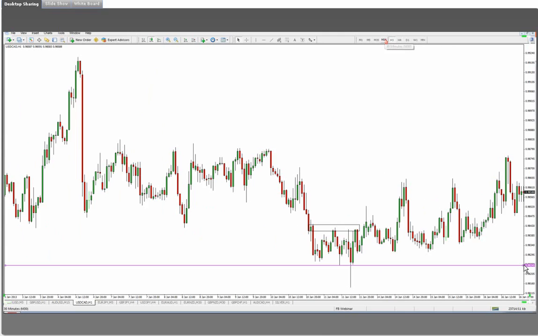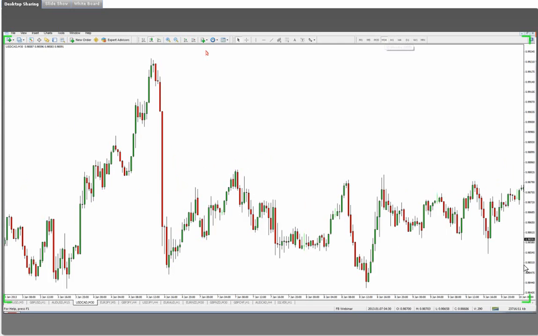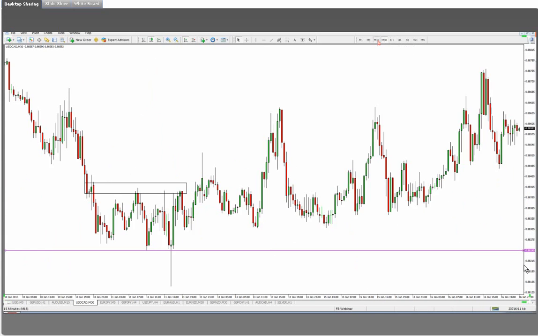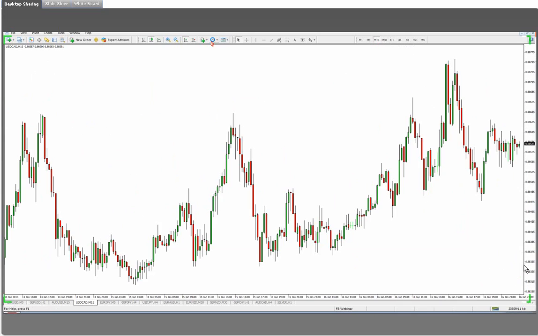Something like this. At the time I did see the M30 and I did zoom in to try and get a discounted entry and I didn't get it. Well, I missed it. It went without me because it went very quickly. But if it's a daily H4 H1 level, then I want a higher time frame setup to form. I'm not going to look for an M5 FB off a daily level.